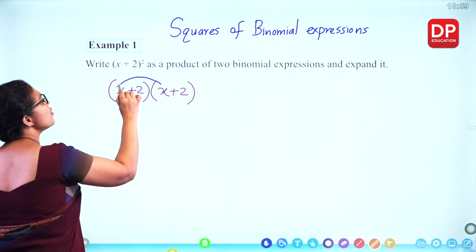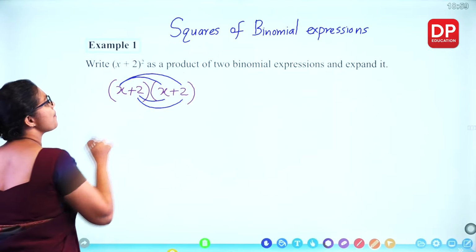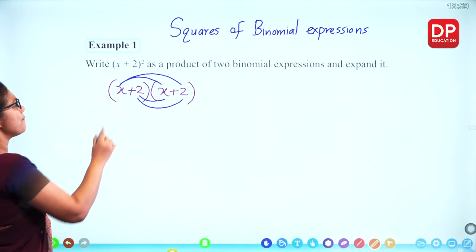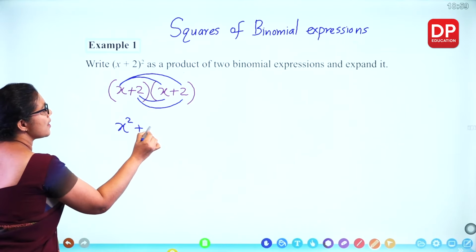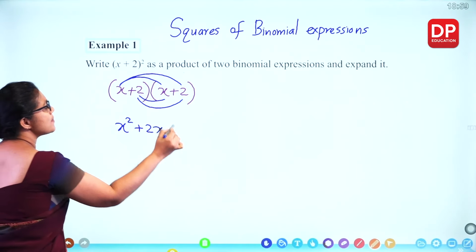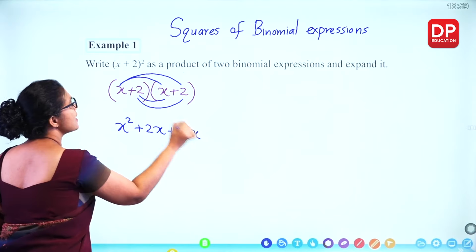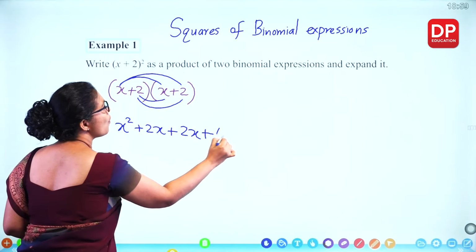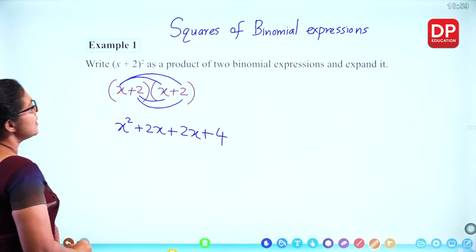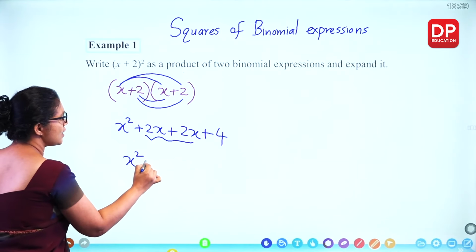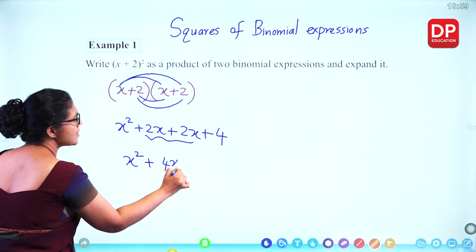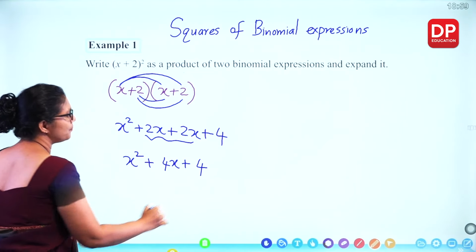Then we can use the rainbow method. So what you get here? x squared. x into plus 2 is plus 2x. 2 times x is another 2x. And 2 times 2 is 4. So we'll simplify further. So when you are simplifying, you get 2x plus 2x is 4x, plus 4.